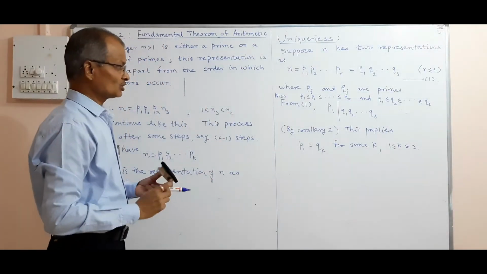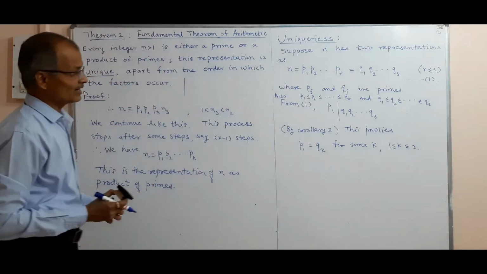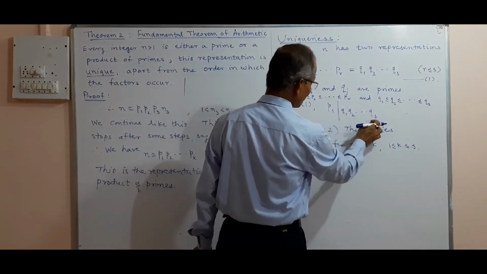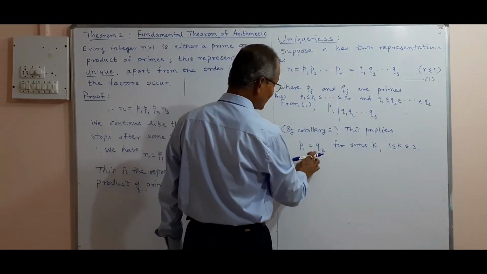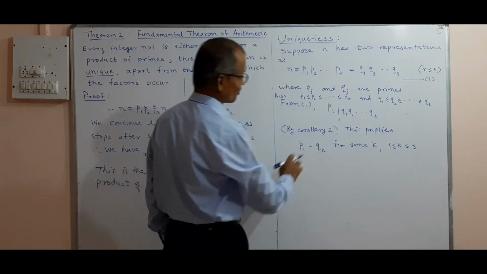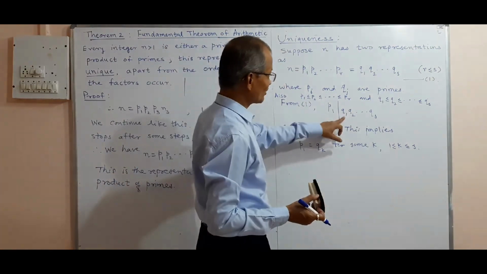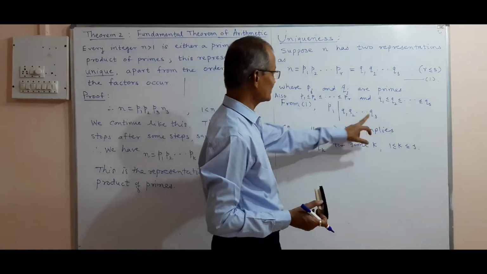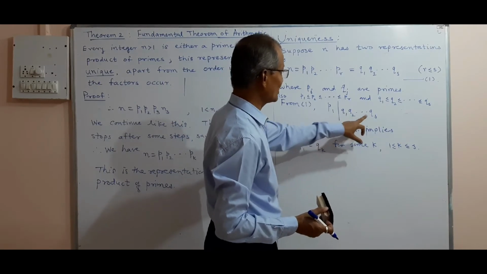Now what this shows: p1 is equal to qk and p1 divides q1 q2 up to qs, and thus p1 must be equal to q1. So this implies that p1 is equal to q1, because q2 and so on up to qs are greater, q2 is greater than q1 and so on.